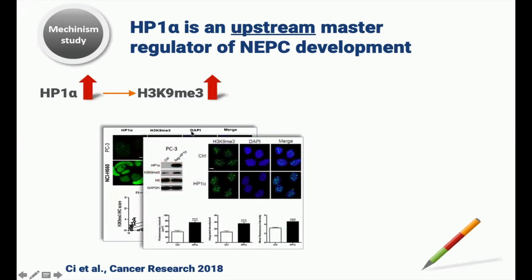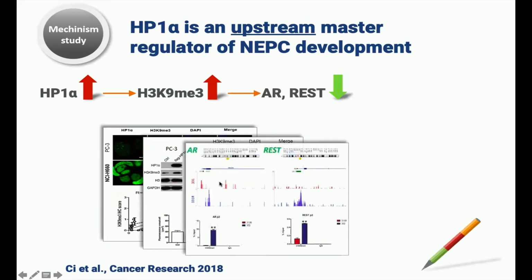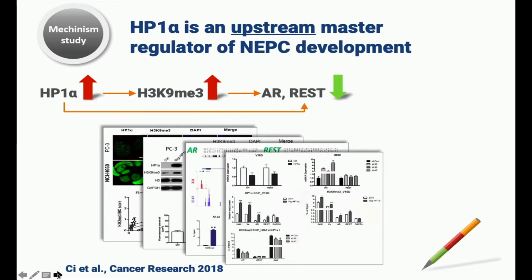So this is a brief summary: when HP1 alpha increases, you enrich H3K9 trimethylation, in particular on the promoter region of AR and REST. That suppression of AR and REST expression could be really fundamental for the transdifferentiation.